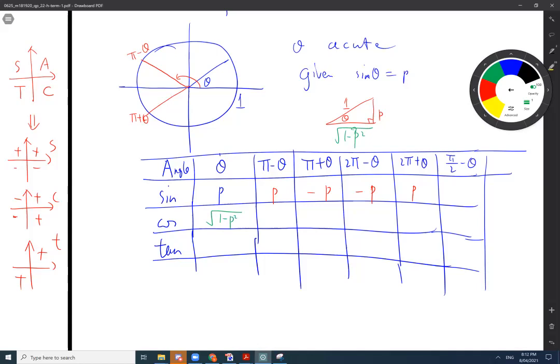But for cos, pi minus theta is here, negative. Pi plus theta, again, negative. So how do we calculate the tan?